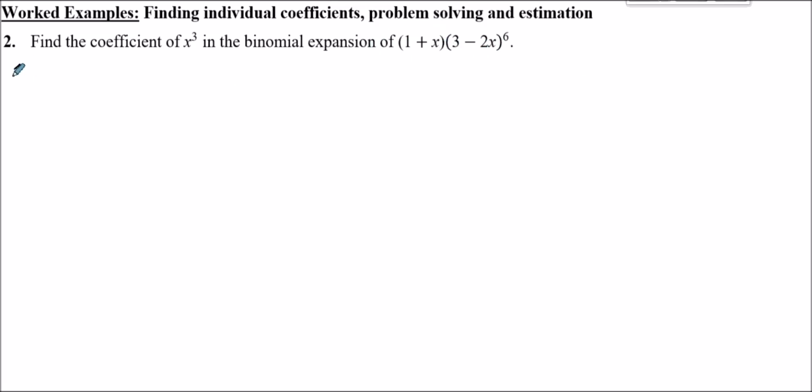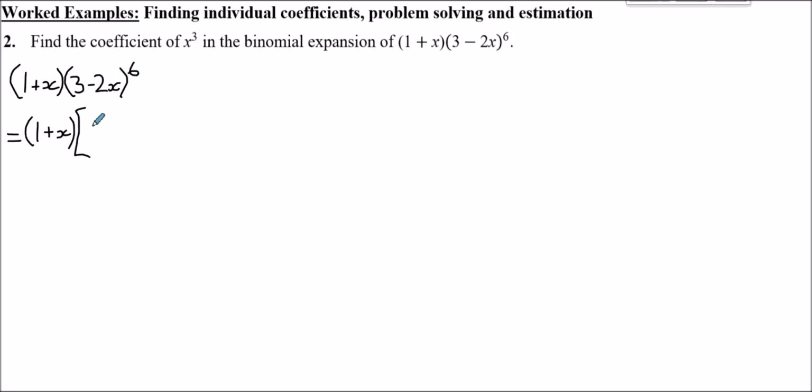So I'm just going to start by writing out the question again, give myself enough space. So I'm going to leave this 1 plus x on its own and just think about the expansion of (3 - 2x)^6.